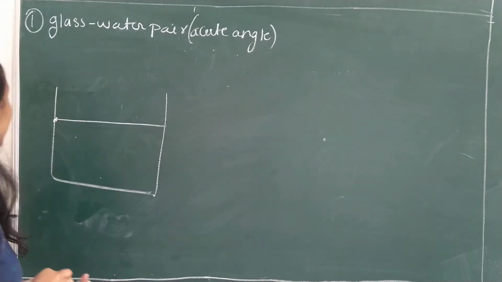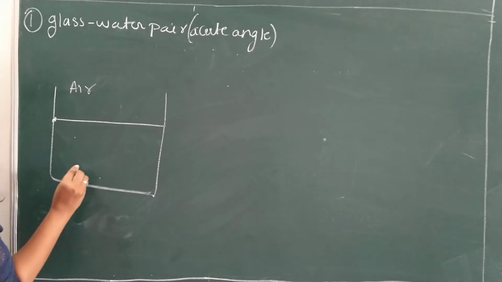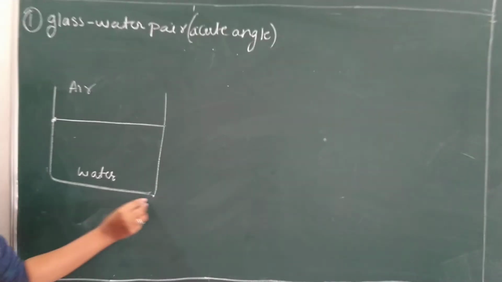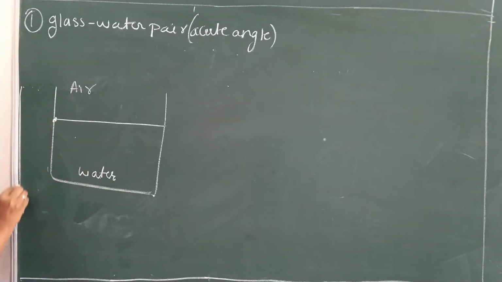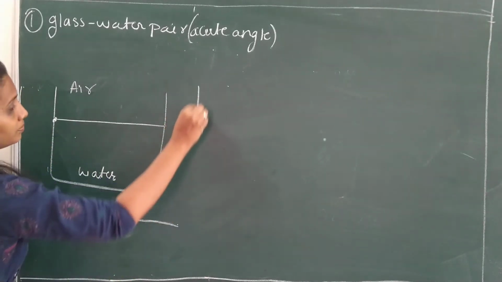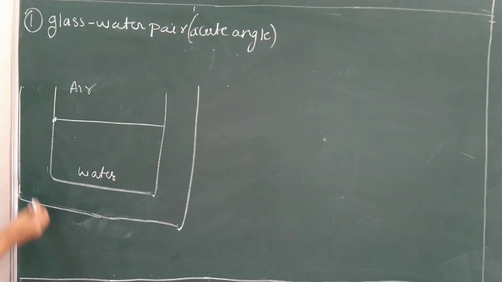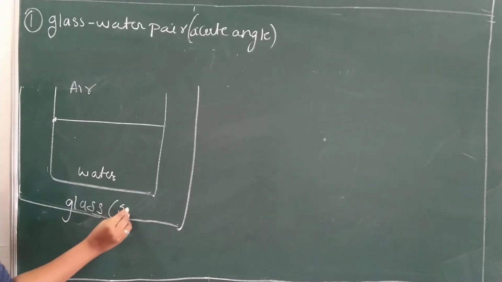Before that, I should remind you, here there is air, here there is water. And obviously I have told you this is a solid which is glass. So this wall is nothing but glass. Means I can say this is a solid.